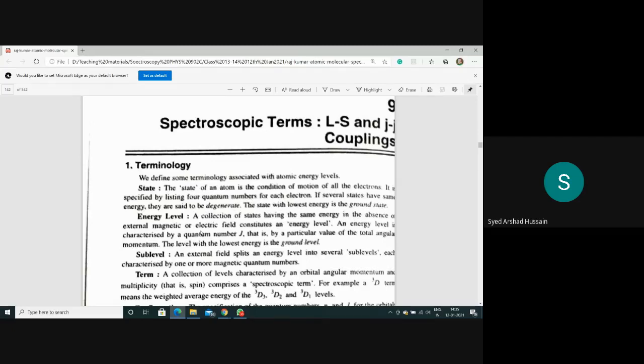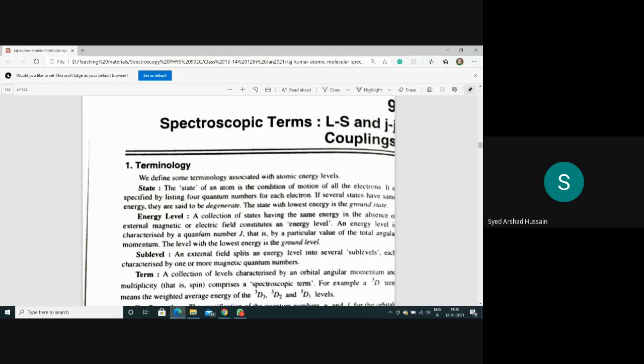So a multi-electron atom means more than one optically active electron, because we are studying atomic spectroscopy, and atomic spectroscopy deals mainly with the properties of the atom due to the optically active electrons, that is, the outermost electrons. Okay, so we'll see this.